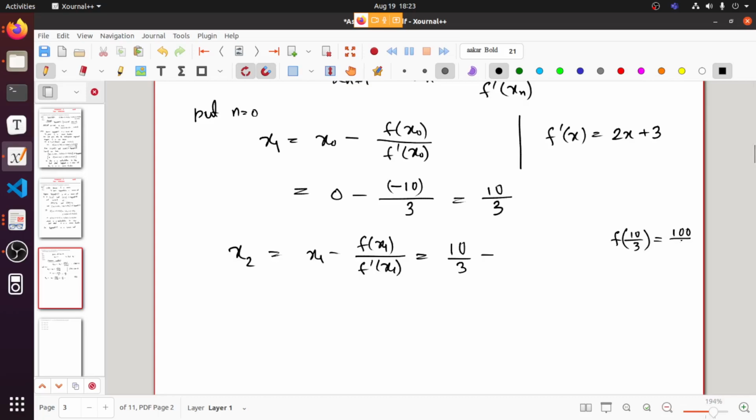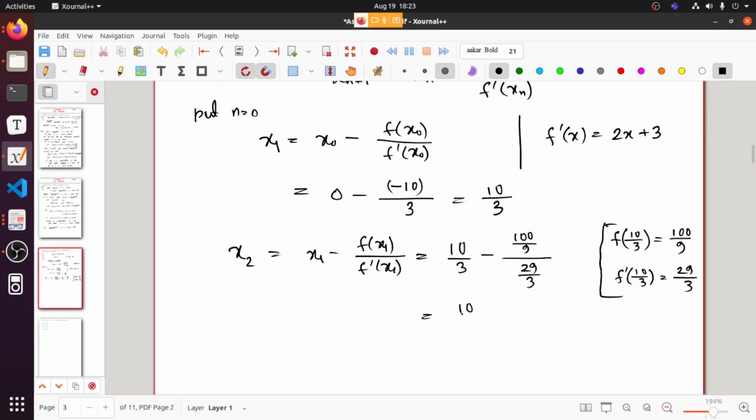It will be 100 by 9. Just check once. And f dash at the point 10 by 3, what is it? It will be 29 by 3.